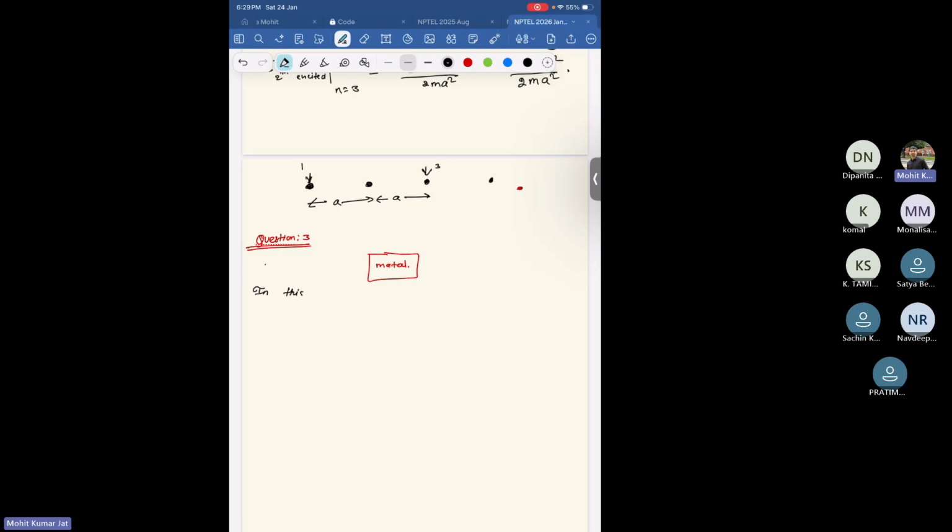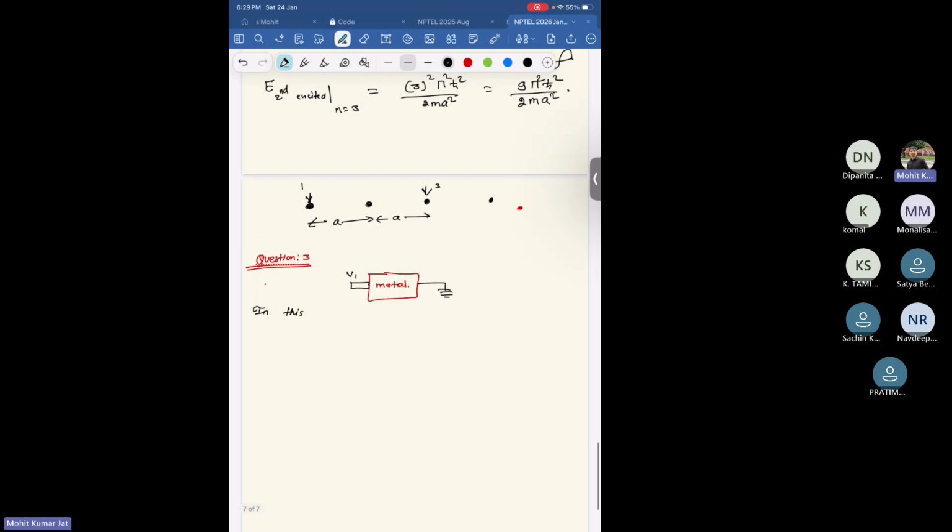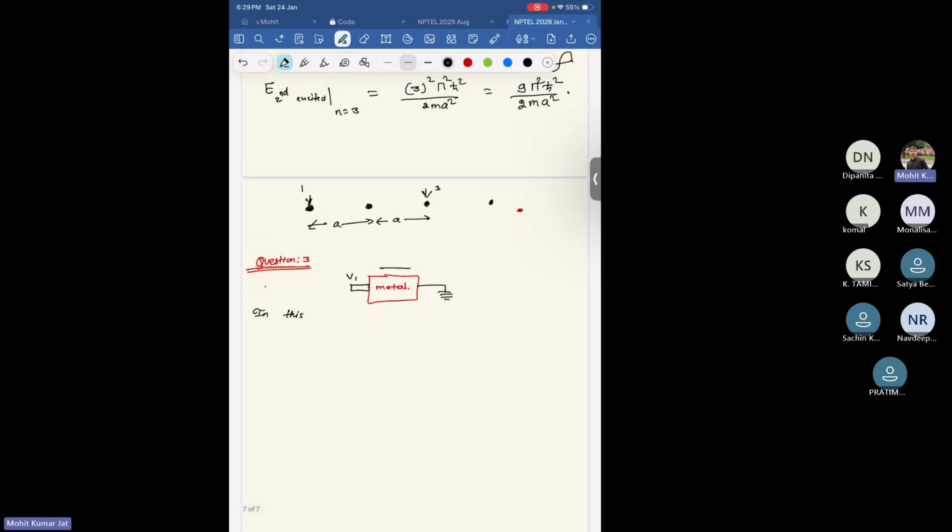In this piece of metal, you apply a voltage here, V1, you ground this one, and you measure the current in this metal. This electrical conduction happens, right? That's why you get the current. If your I is 0, then it means there is no electrical conduction. The more the I, the better the electrical conductor.